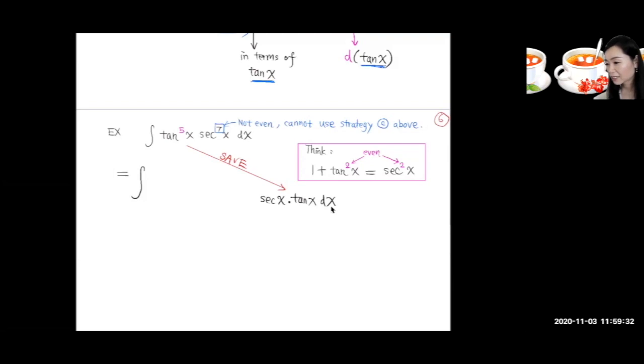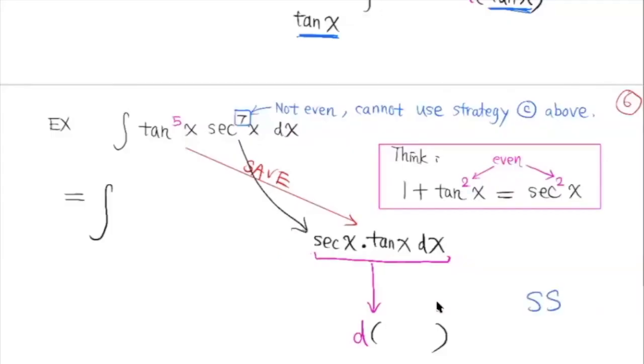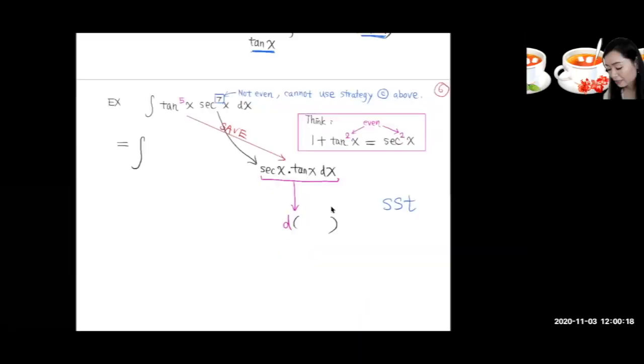So instead of just saving tangent x, I'm going to save one secant x over here also. So that way, when you save them together, this is going to become d of what? Which function differentiated gives you secant x times tangent x?